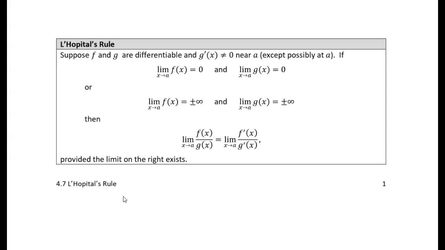I'm not going to go through a full-blown proof of L'Hopital's rule, but this is essentially what it says.